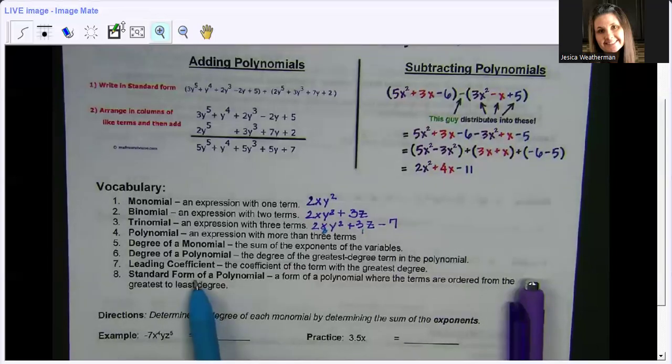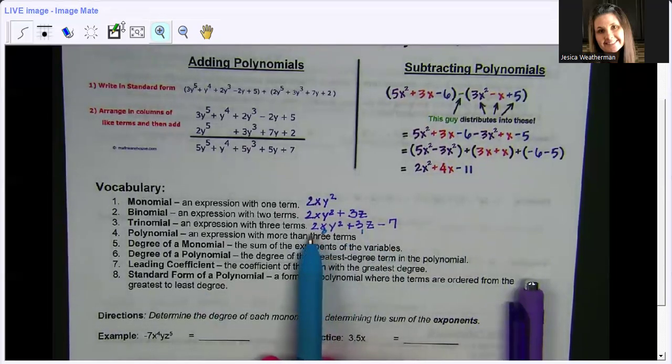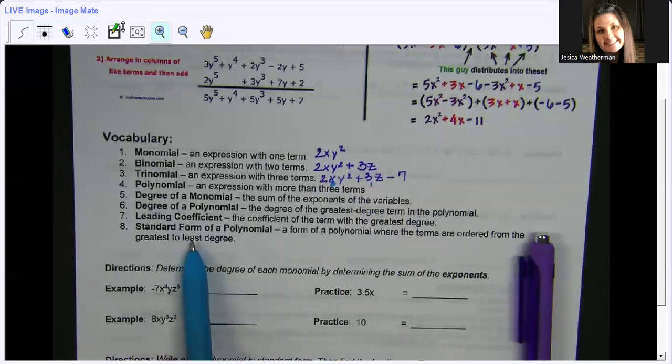Your leading coefficient is the very first number in the entire polynomial. So in this right here, my leading coefficient is 2 because it's in the lead. It's the first one. And then the standard form of a polynomial is ordering your terms in order from greatest degree to least degree. So let's practice some of this here.